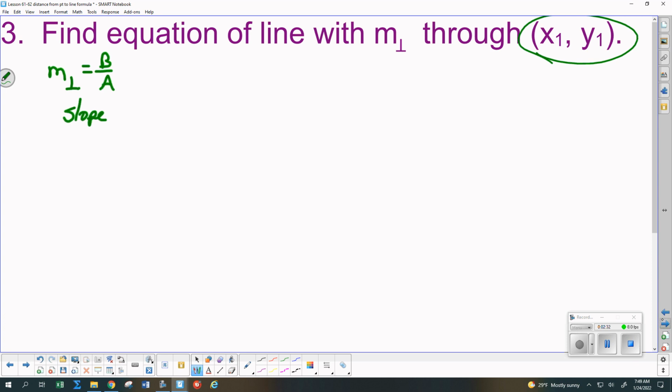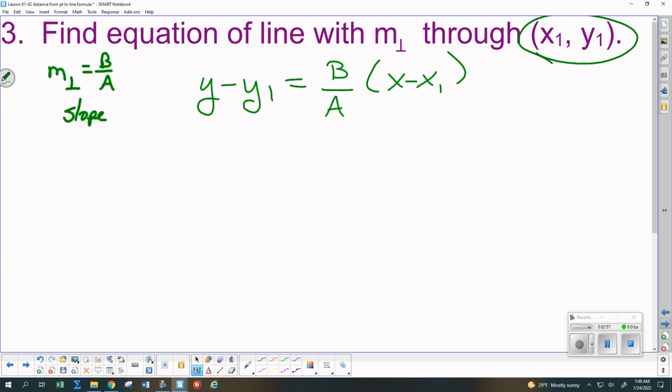You usually used y equals mx plus b and plugged in and solved for b. On this one, since I'm sticking with x1 and y1, I'm going to plug it into my point slope formula, which is y minus y1 equals m, or b over a, times x minus x1.